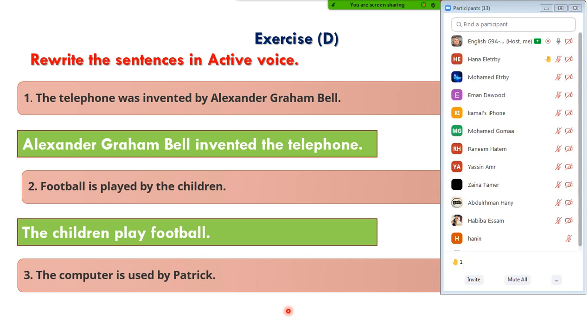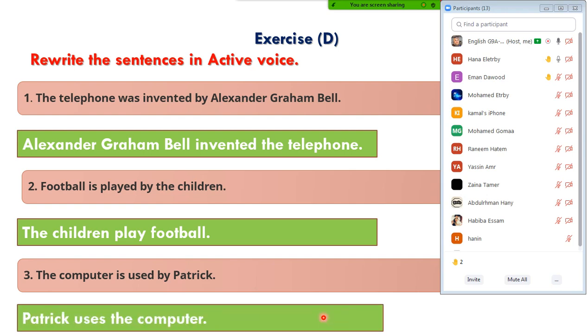The second one, who wants to answer, raise your hand and gain grades. Okay, Hannah. The computer is used by Patrick. It will be Patrick uses the computer. Excellent. Look here, we add s to the verb because it's present simple. How do I know it is present simple?